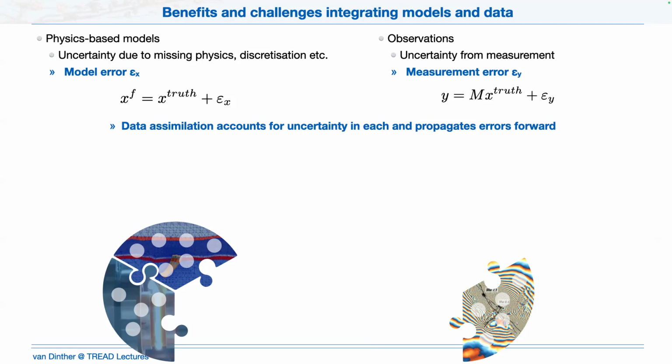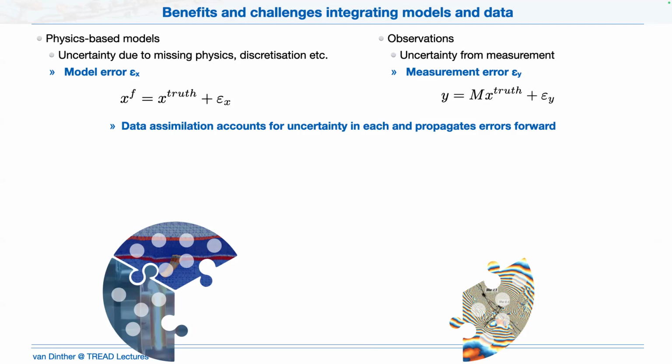So when we forecast these state variables, they approximate the truth, but they have an error attached to that. And the observations are shown as Y. So if you discretize that in the numerical modeling framework at a certain measurement location that you can indicate in this measurement matrix M, you will have the truth for that point in space and in time with an error attached to it.